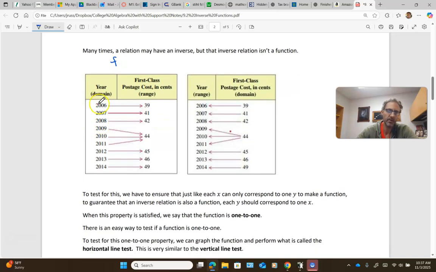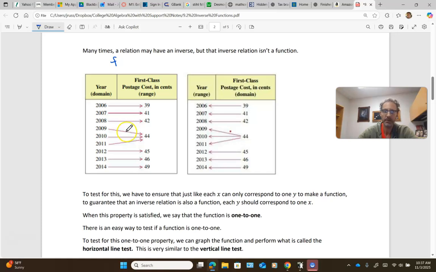Well, the inputs are the specific years, and the outputs are the costs, respectively, of a postage stamp in each of those years. So this relationship between the domain, the year, and the range, the cost of a postage stamp, is a function, because you have one arrow coming off of each input. Again, remember, it doesn't matter that in these 3 years, a postage stamp cost 44 cents.